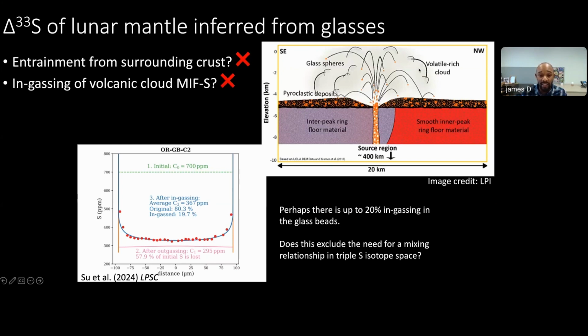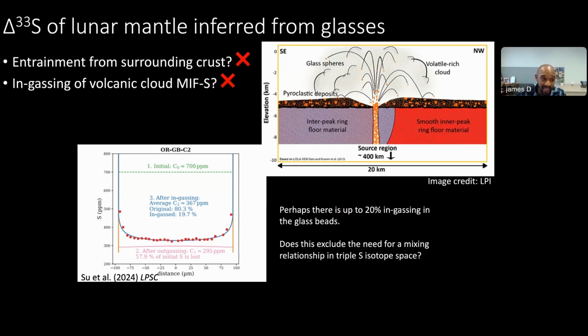Considering that there's this stratification within the cloud of the orange and the black glass beads, it's possible that mass-independent fractionation could have penetrated the edges of that cloud, and that the black glasses in the interior were just too deep in the cloud, where it was not optically thin enough for UV to penetrate, ultimately resulting in differences in the cap delta 33S between the black and the orange glasses.